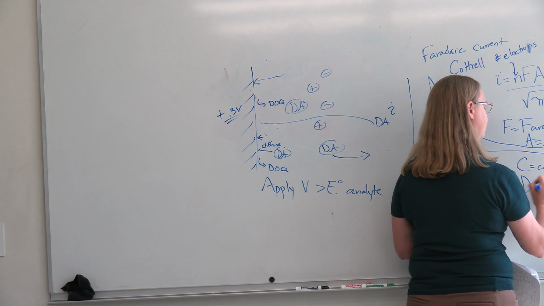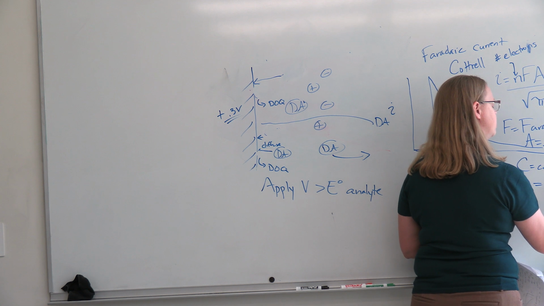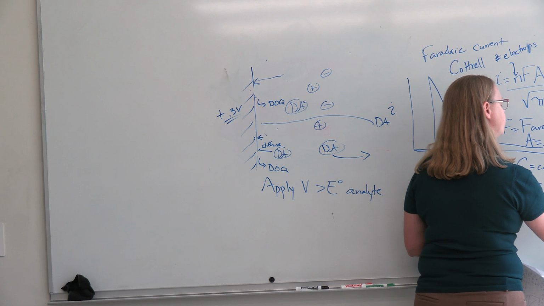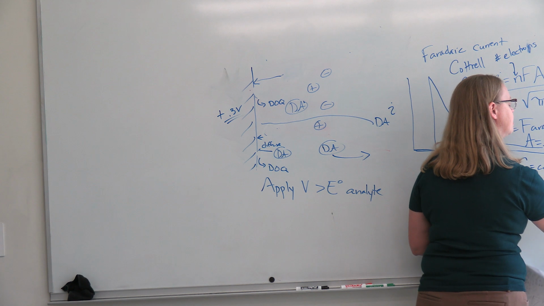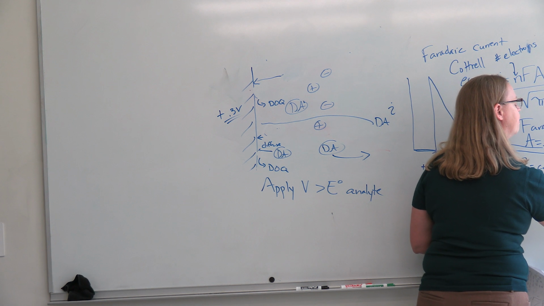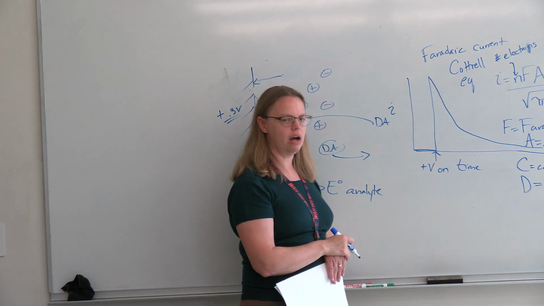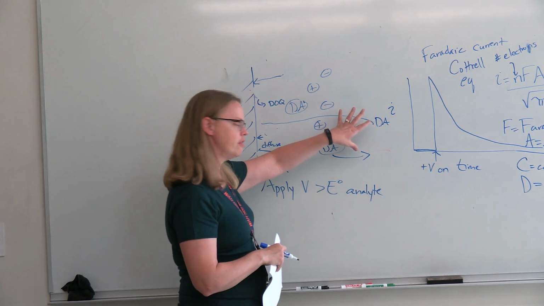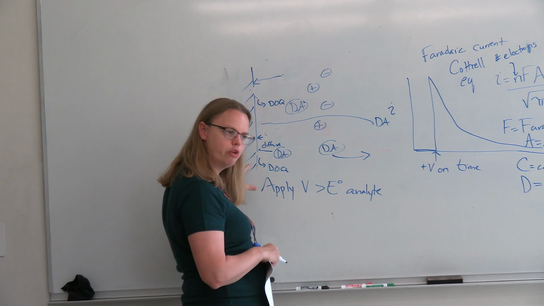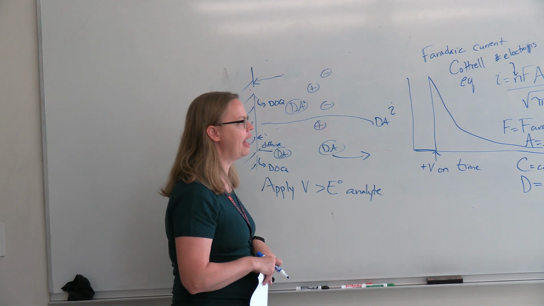C is concentration. And D here is the diffusion coefficient. Again, the diffusion coefficient comes into a lot of these, here it's kind of weirdly square rooted, but how fast things can move to the electrode comes into play.